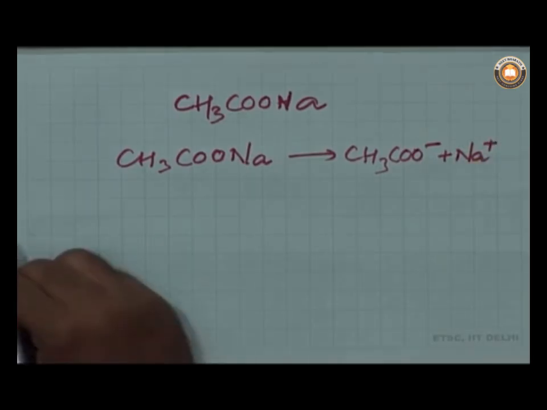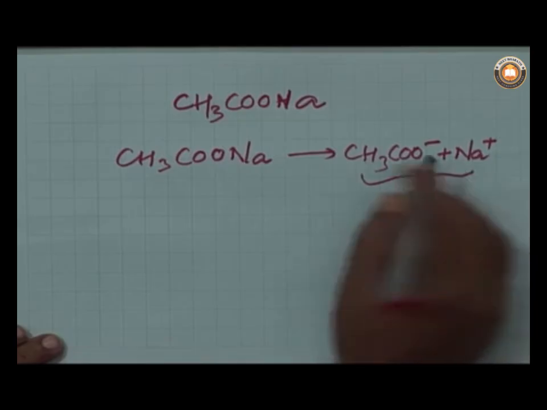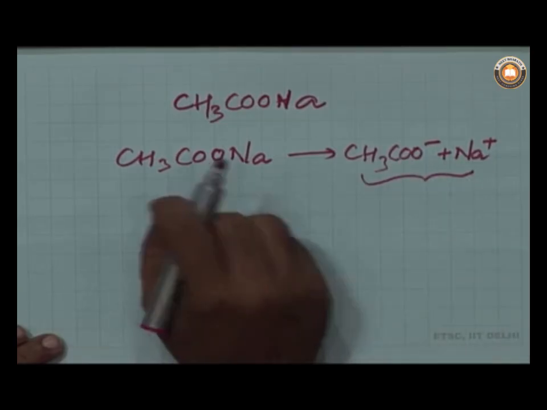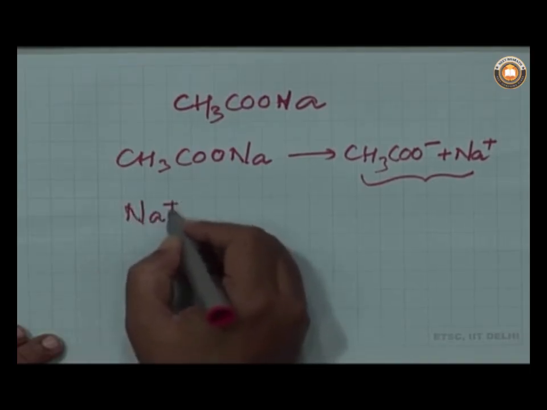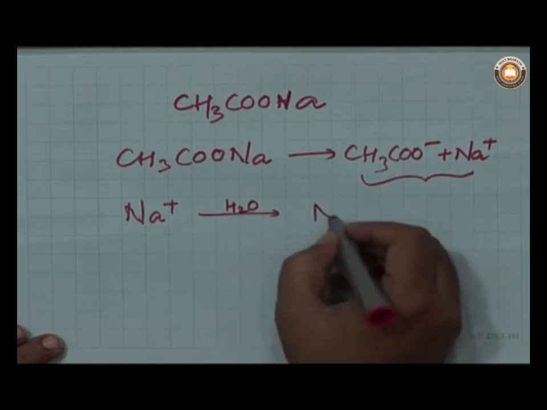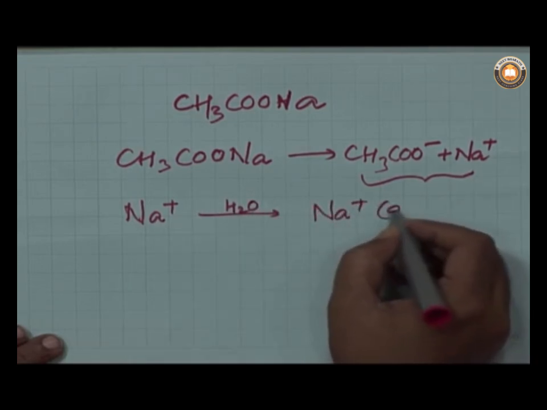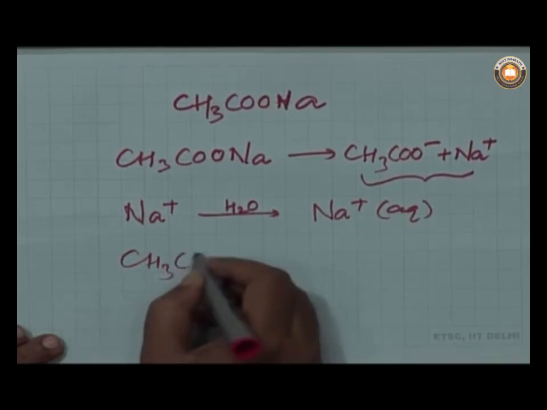So, first this happens. Now, what will happen to these ions when they come into contact with water molecules? So, Na plus with water, we know Na plus gets hydrated. So, what about the acetate ion?